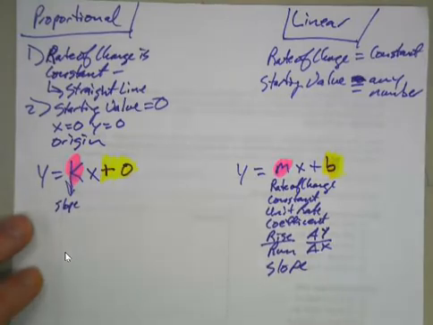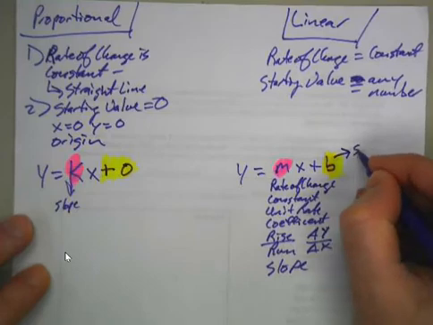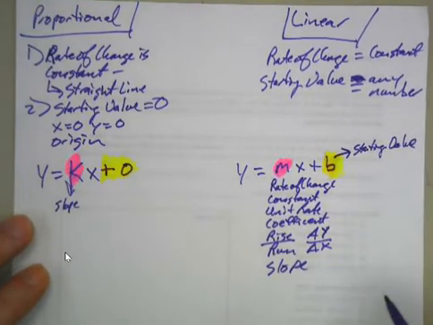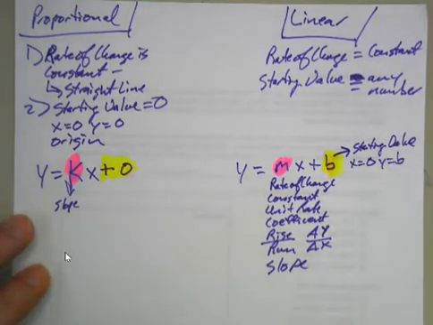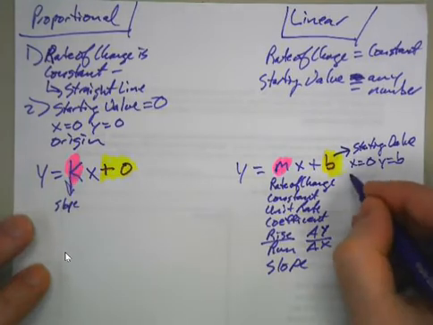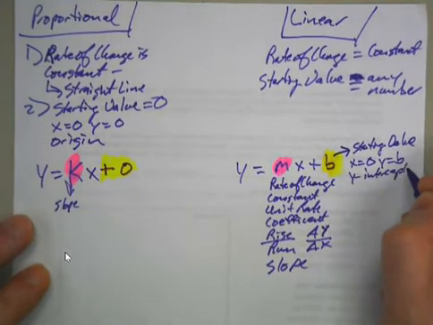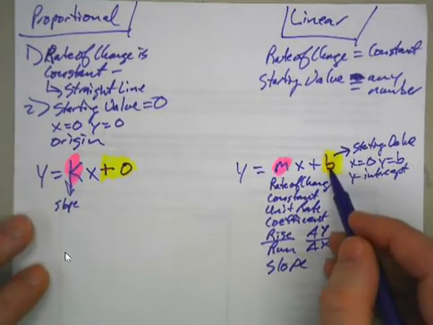So the interesting thing is that b becomes your starting value. When x equals 0, y equals whatever b is, and this is also your y-intercept, so that wherever the line crosses the y-axis, that is what this number is.